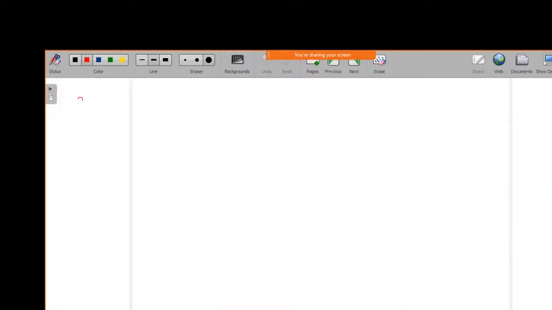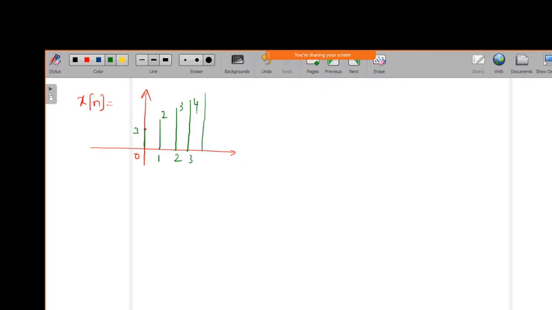So this is the x of n which is given. At 0 it has the value 1, at 1 it has value 2, at 2 it is 3, at 3 it is 4, and at 4 it is 5. These are the amplitude values and this is the index value n.